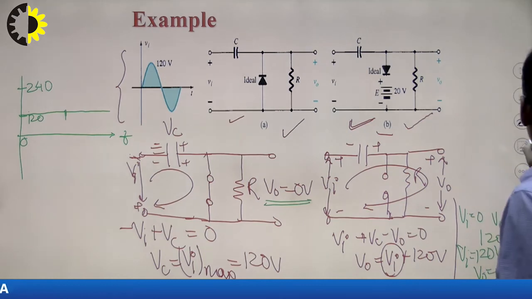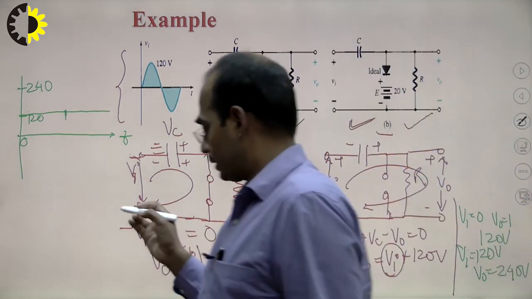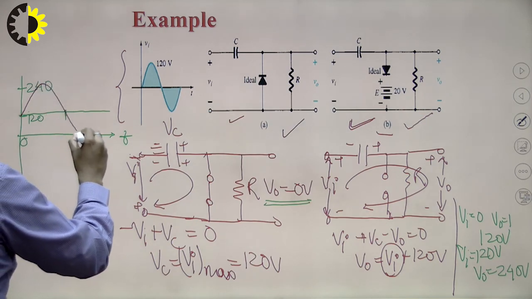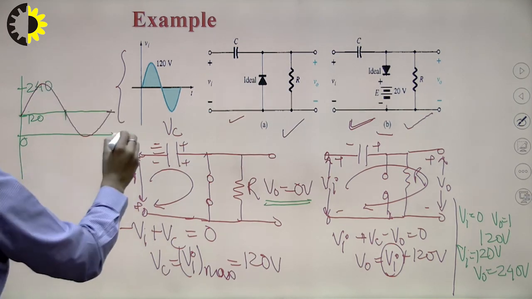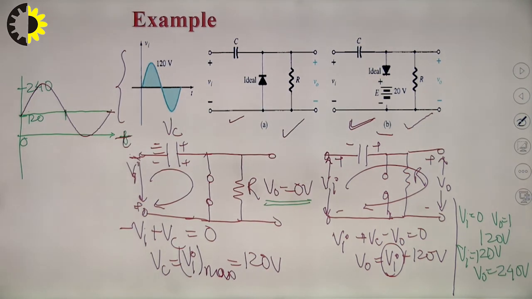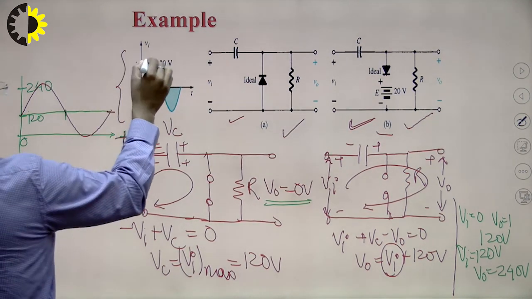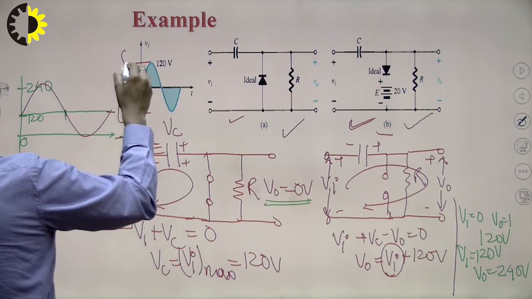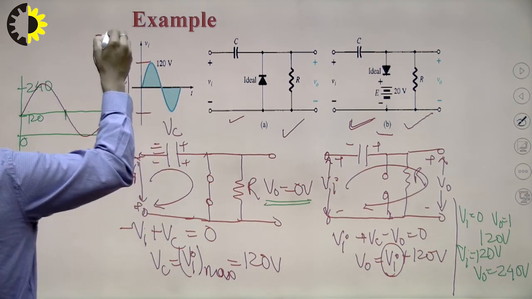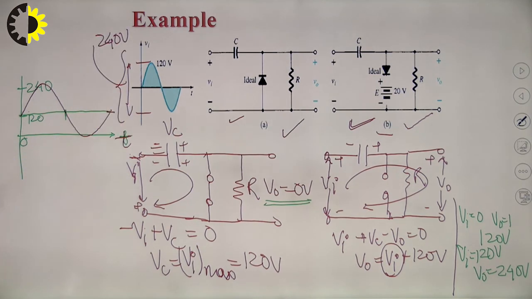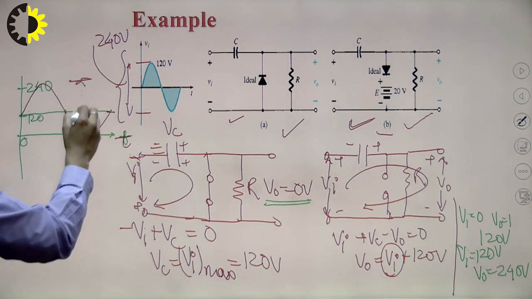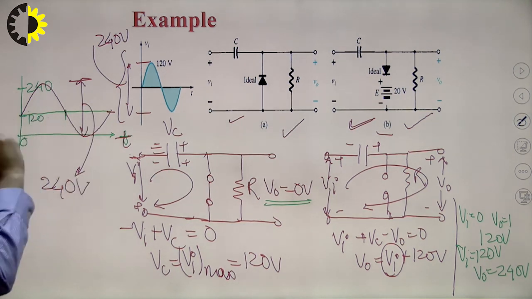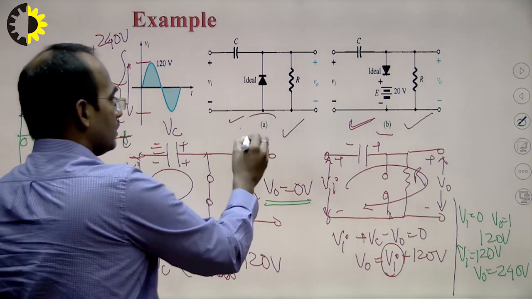For Vi is equal to 120, we are getting 240. So the waveform of this will be like this, output, this is time t. So now you can check, this is 120 volt, this is minus 120 volt, the peak to peak voltage is 240 volt. And here you can also check that we are getting peak to peak voltage 240 volt for output waveform of this circuit.